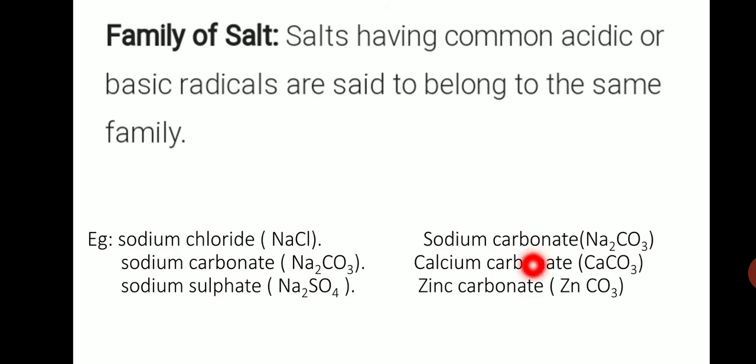Here the negative ions are the same, all are carbonate. So we can call this a carbonate family or salts of carbonate. So these are two different families, sodium family and carbonate family.